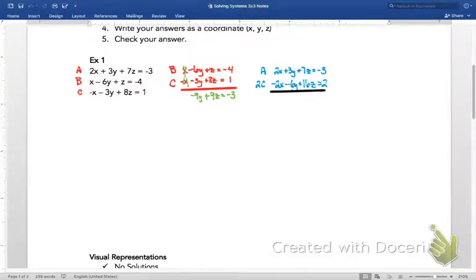Now, do I have to change any signs? No, right? Because they're going to cancel here.